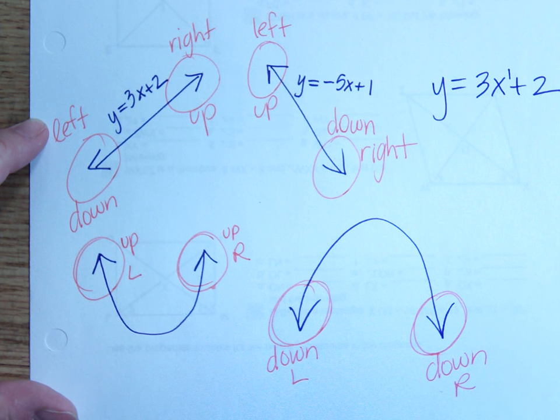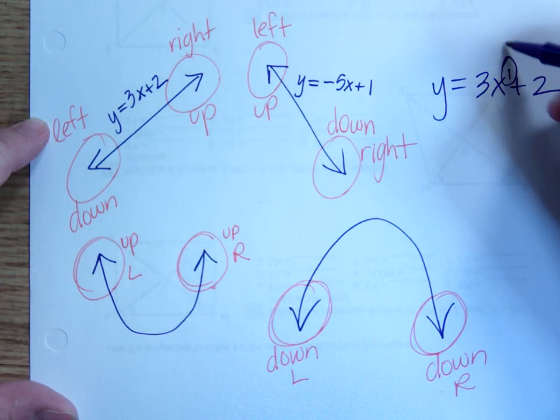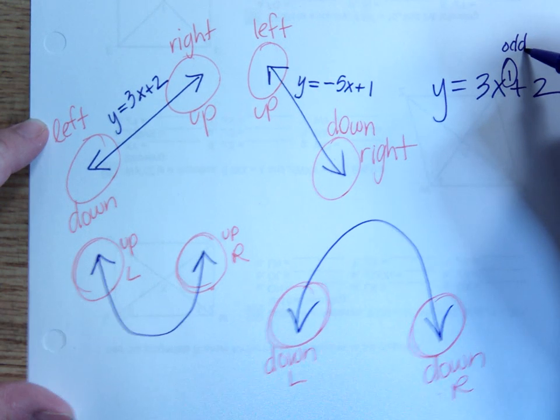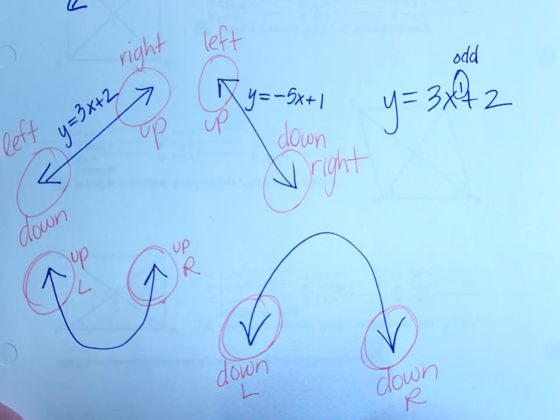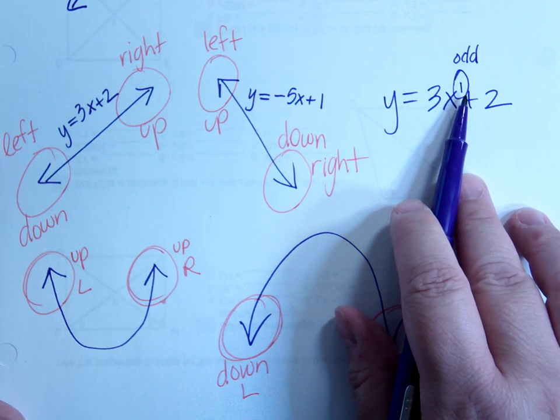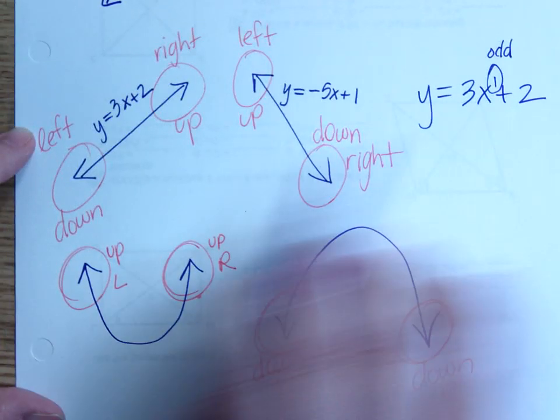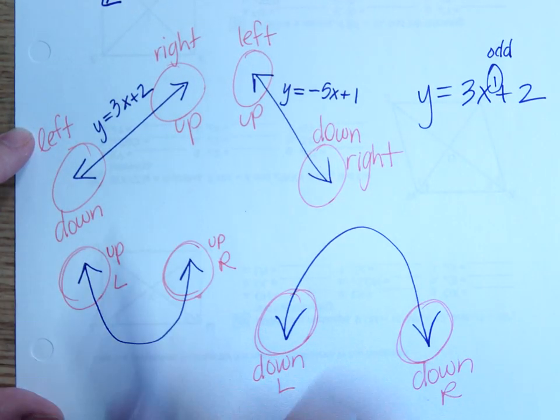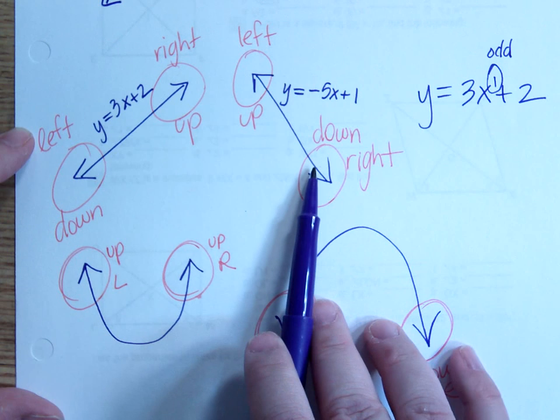Well, it turns out that anything that has an odd degree, 1 is an odd number, whether it's 1 or 3 or 5 or 7, it could be anything that's odd. Any polynomial that has an odd degree is going to act like a line, where the two ends point in different directions.